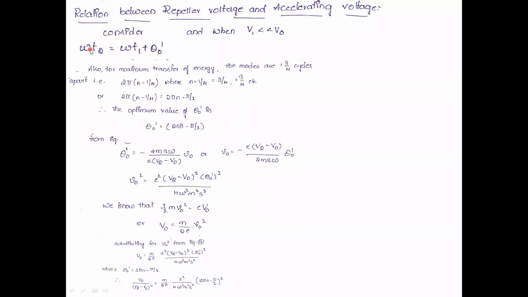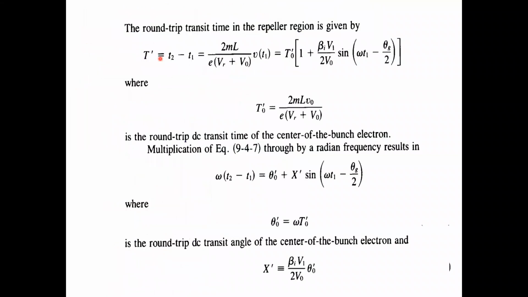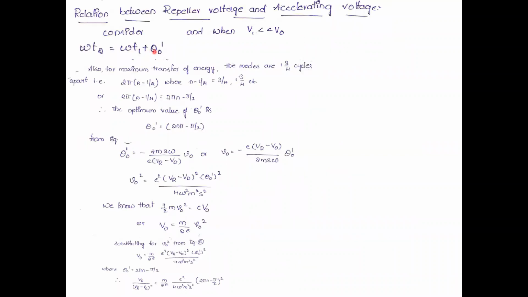The status of the electron after the repeller space is omega T2, which equals the past electron plus this transit angle theta naught dash.